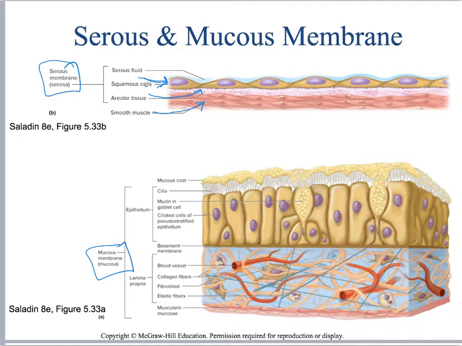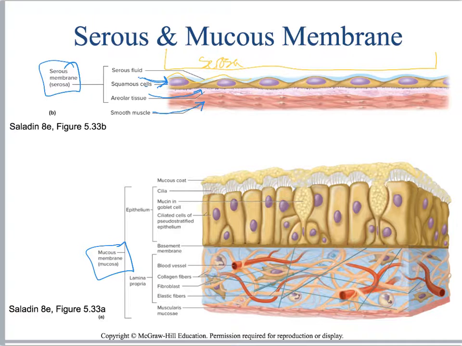Now, the simple squamous cells, all right, because they are a pass-through for diffusion, they can then secrete fluid, serous fluid, onto the surface. And then what I would have is another serosa over here, potentially. And that serous fluid would keep them from sticking, okay?